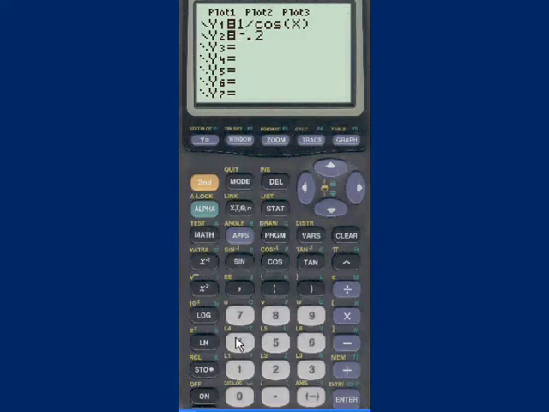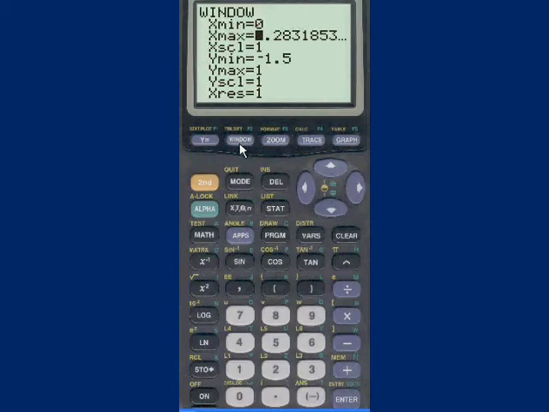And I think we do need to check our window. So we make sure we go down as far as negative 4. So let's clear that and go negative 4.5. And we'll just make the maximum, I don't know, 0. I guess that ought to work. So we'll go ahead and graph it.